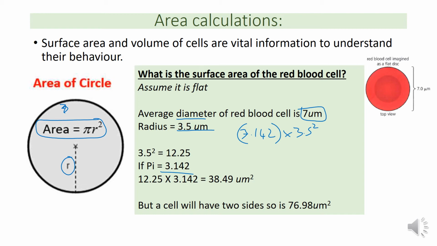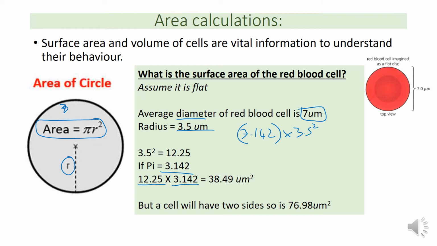So let's have a look at that. So what I'm going to do is 3.5 squared, so 3.5 times 3.5, which equals 12.25, multiply that by pi, and that equals 38.49 micrometers, okay?